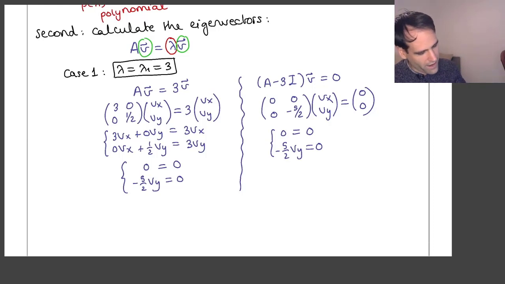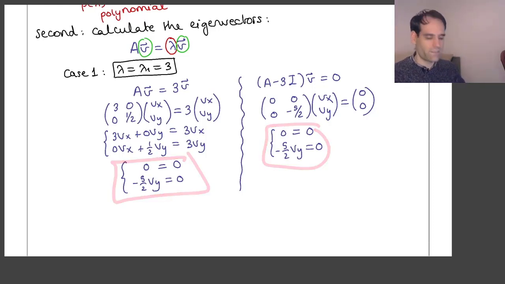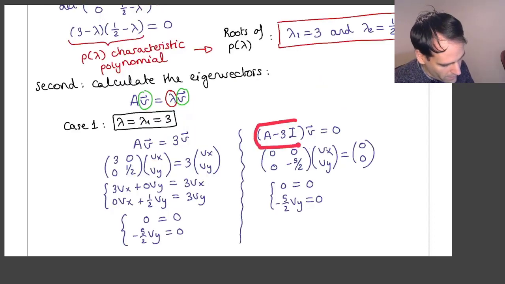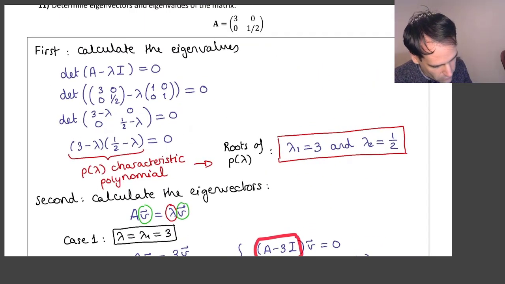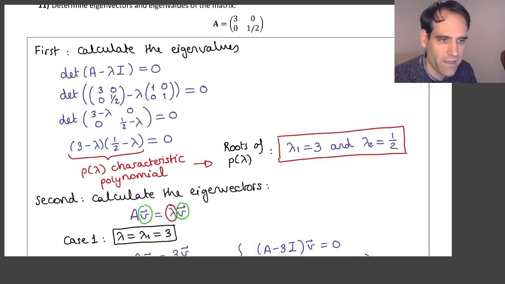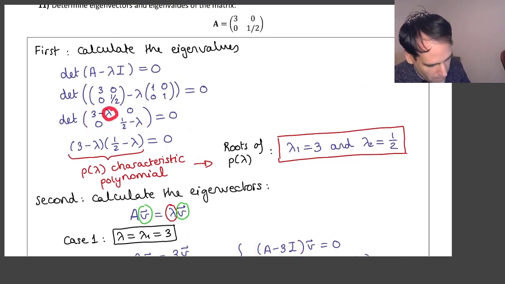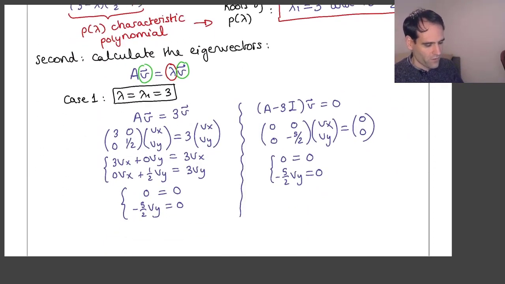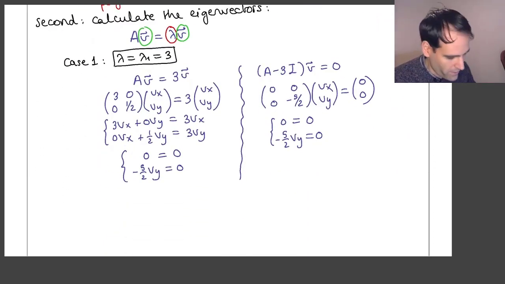So you can see that you arrived exactly at the same point, but a bit faster. We simply did it by doing A minus lambda I, which is this matrix here. We just substitute lambda with the number. So those are two completely equivalent paths.